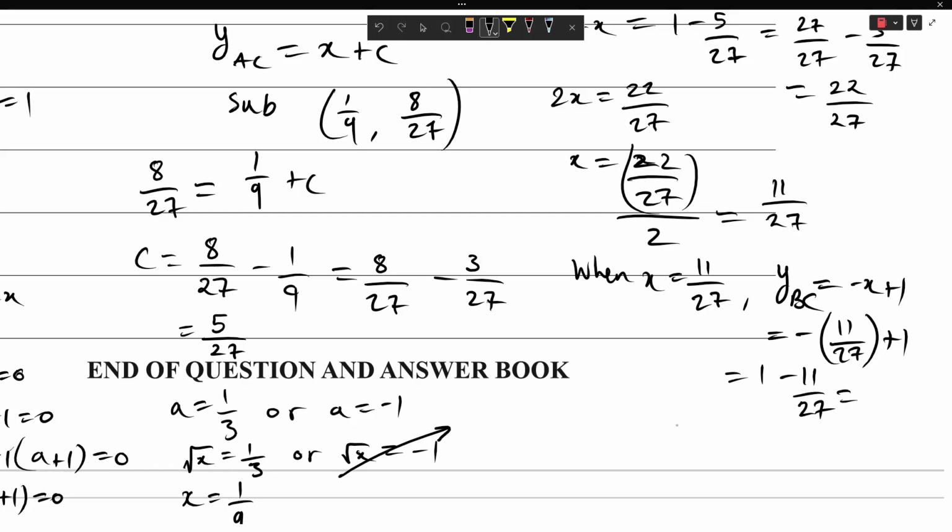Once again, I'm going to write 1 as 27 over 27. And this is going to be 16 over 27. So therefore, the coordinates of C is going to be 11 over 27, the x coordinate, comma, 16 over 27, which is the y coordinate. And this is going to be our final answer.